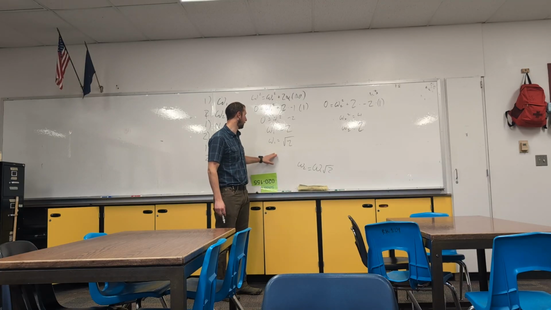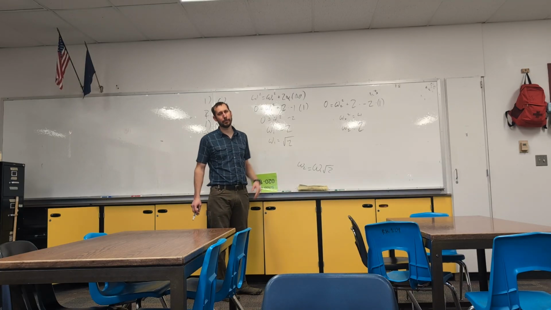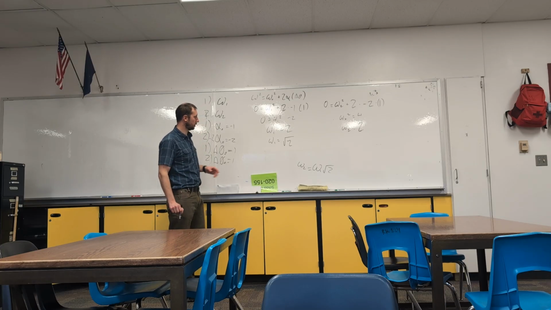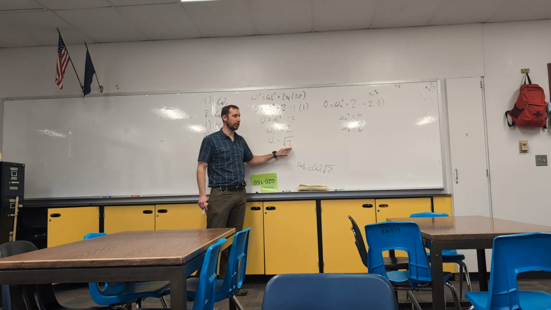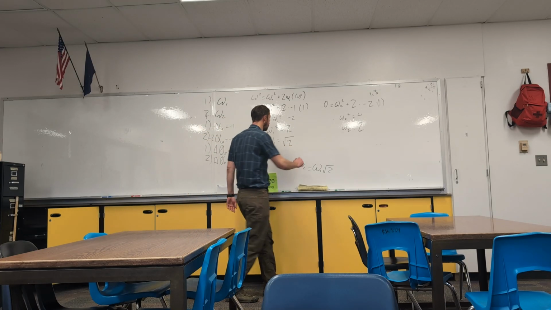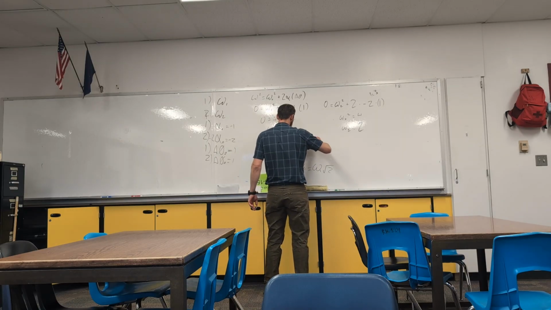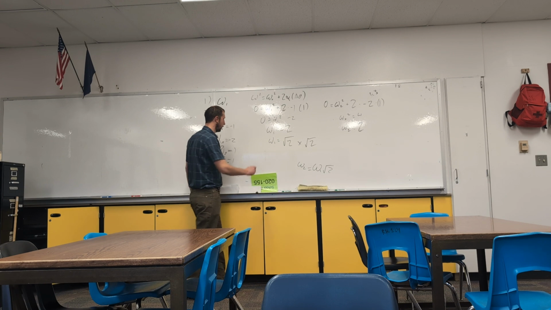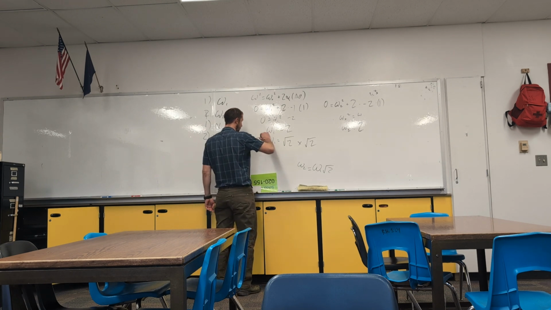What can we do to omega sub 1? What can we multiply by omega sub 1 to make it equal to 2? Well, to make the square root of 2 equal to 2, we need to multiply that by the square root of 2. If we're going to do that to one side, we must do it to both.